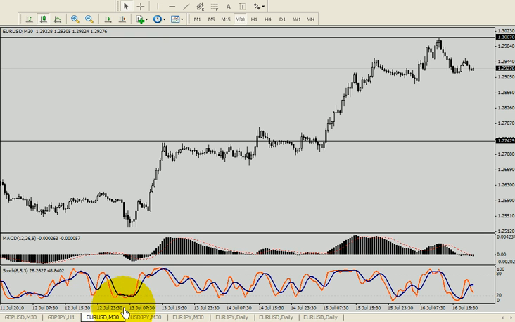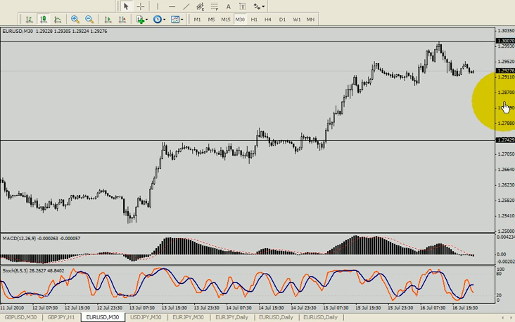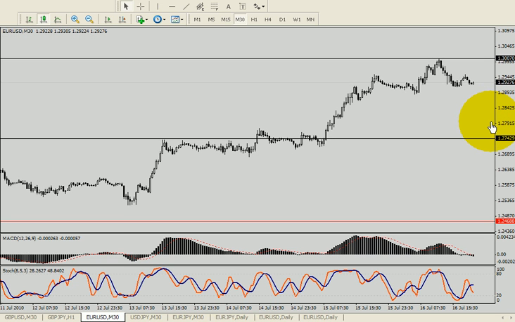The euro US dollar, you can see how my level was resistance, now it's finding support, and eventually took off all the way up to the next level. And this was a question I had from someone. They said, well, aren't turning point down levels supposed to be levels that you short the market?